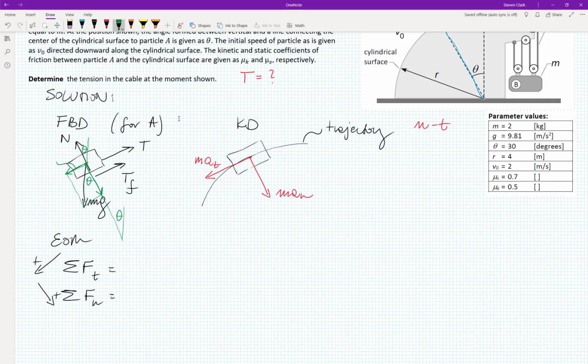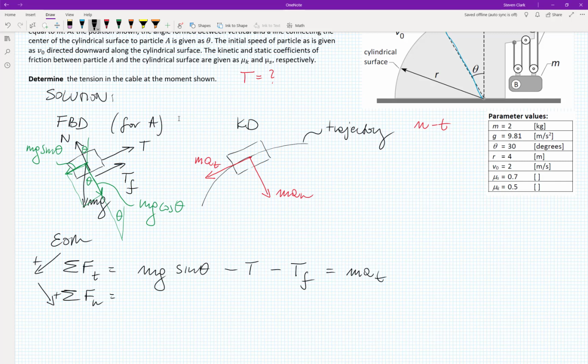So this guy will be mg sine, and this guy will be mg cosine. So clearly I have mg sine acting this way: mg sine minus T minus Tf, and this is equal to m a_t.